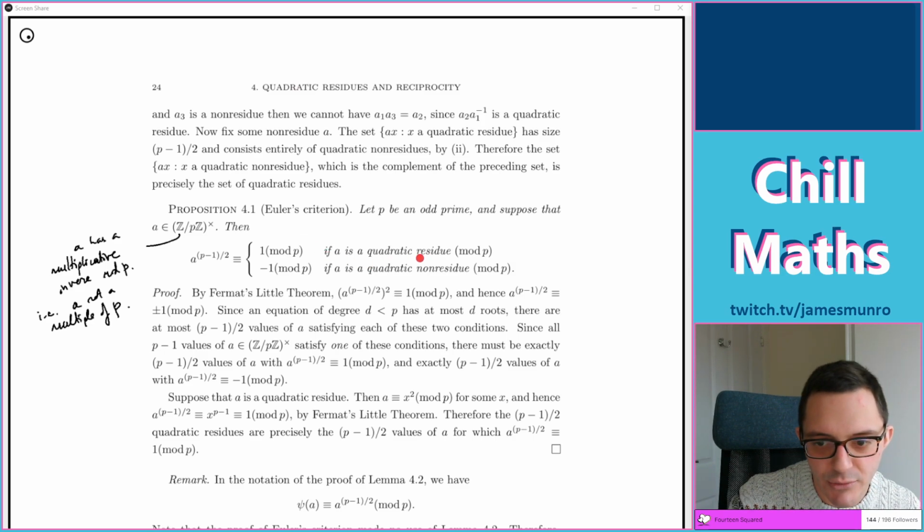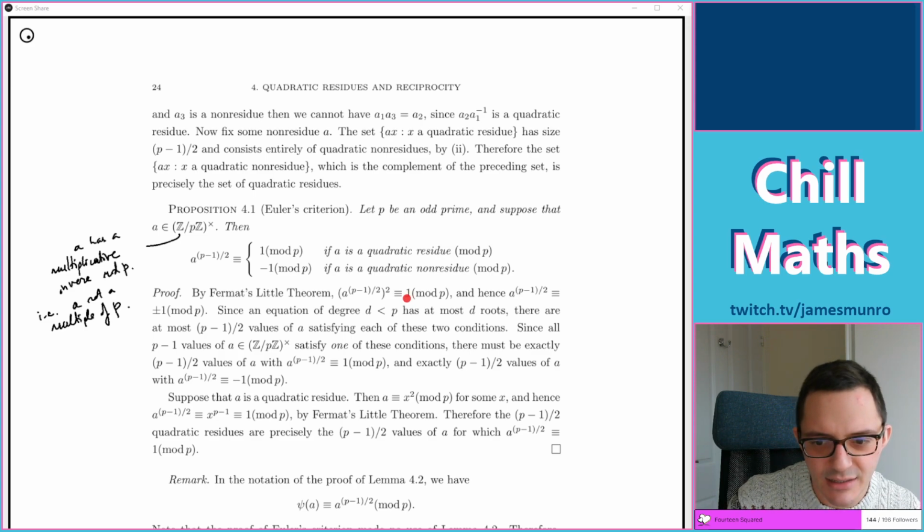So if A is a quadratic residue mod P, then that means... what can I do with this? Some squaring? I can sort of see some squaring going on. Yeah, okay, and I've glanced down. There is some squaring going on.